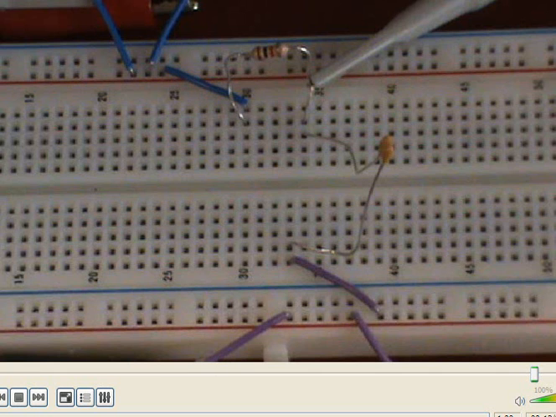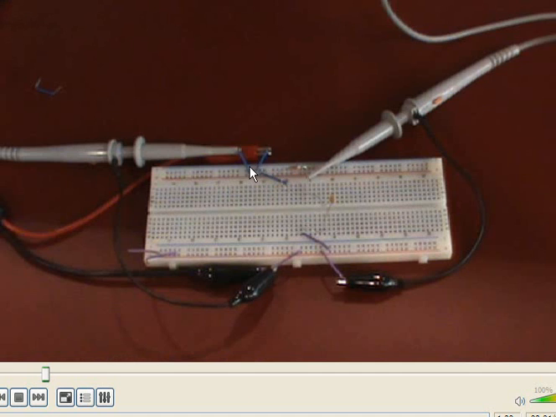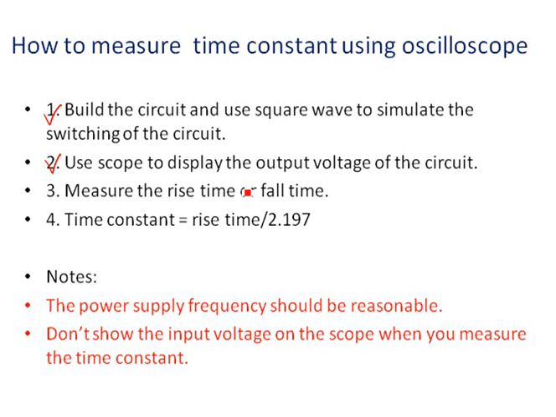We want it to display the input on the scope to make sure the input signal is okay. The output voltage is across the capacitor. We use the second channel of the scope to measure the output voltage. So power supply, channel 1 probe, channel 2 probe.